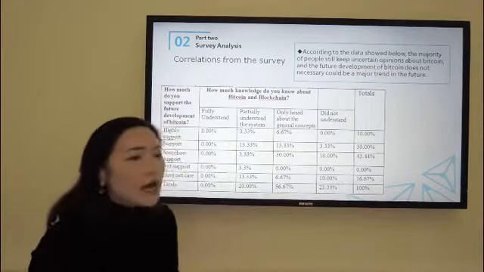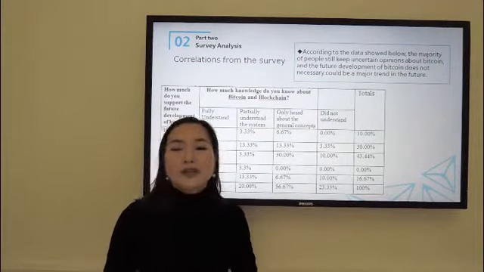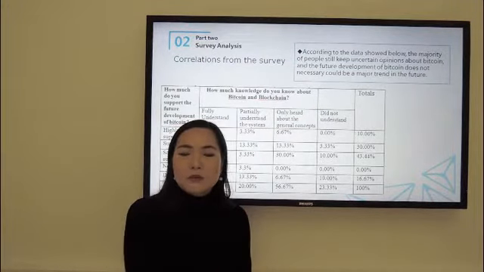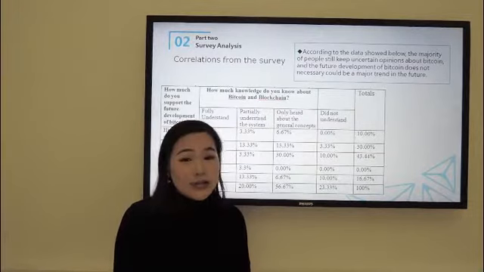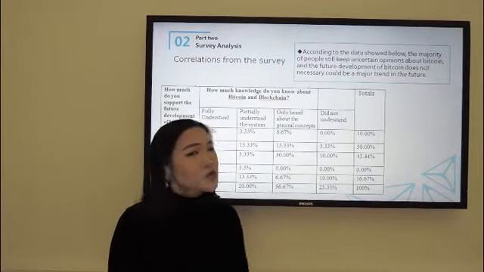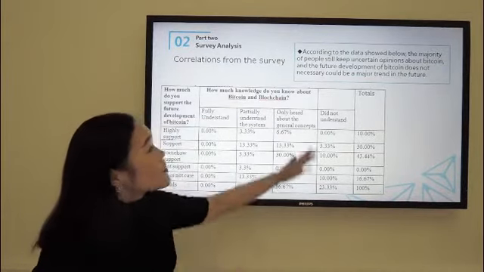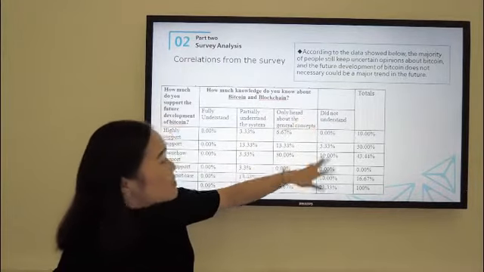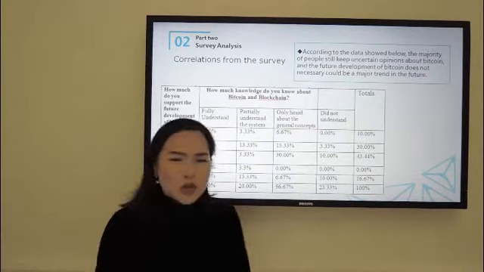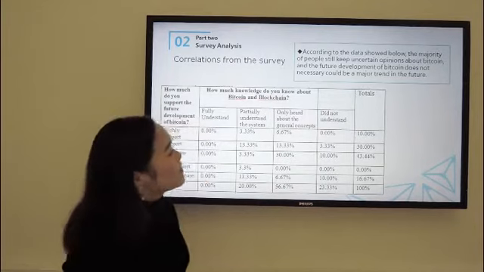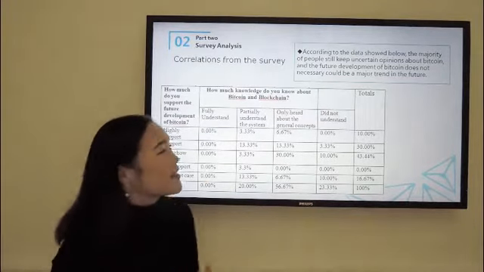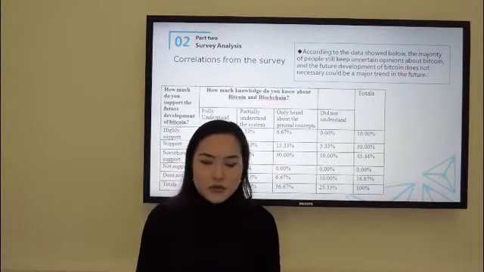So in this case, I'm not able to see a lot of people that support the future development of Bitcoin, or I cannot say Bitcoin can be the money of the future. I can only say, from this chart, people still keep very uncertain opinions about Bitcoin, and its future development does not necessarily mean it can be a major trend in the future.